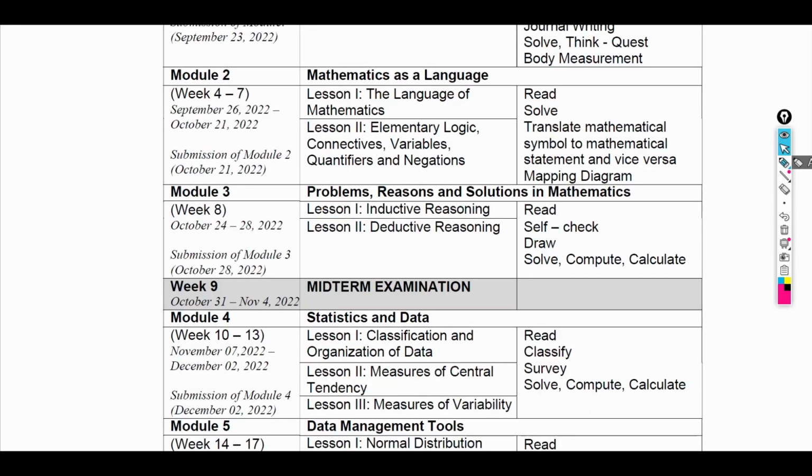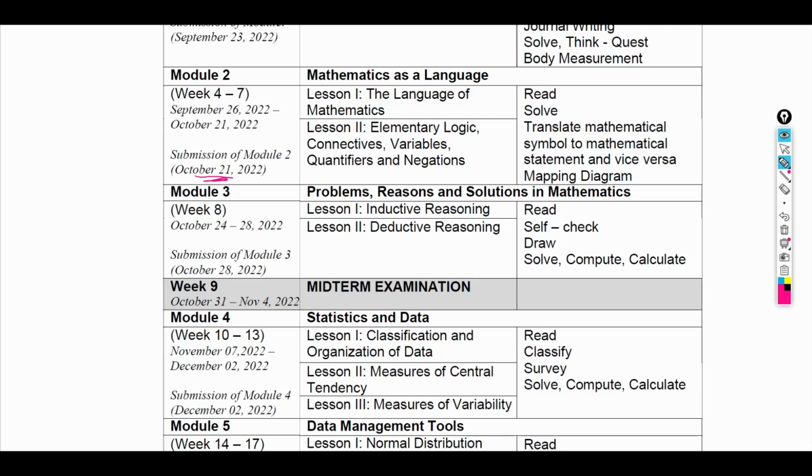For module 3, we will be spending only one week. By the way, for module 2, you are expected to submit it October 21. That will be your deadline for module number 2. Make sure to submit it on or before October 21.